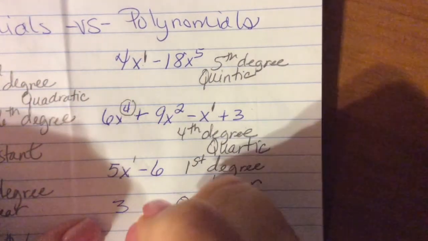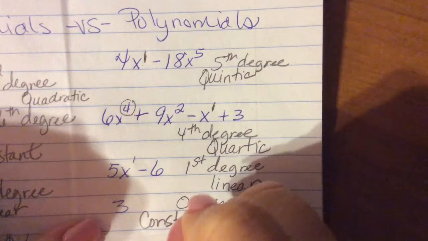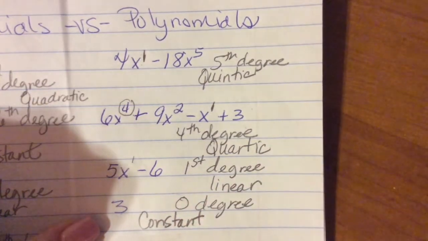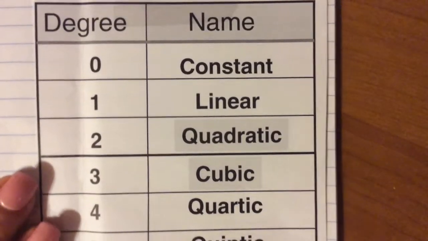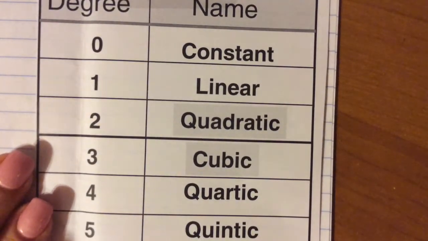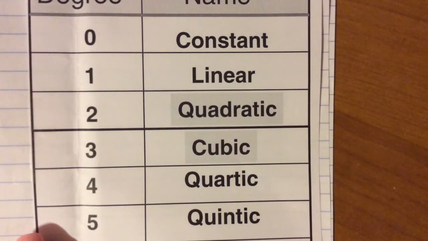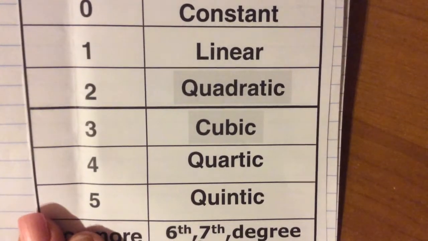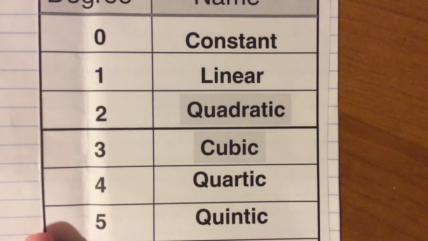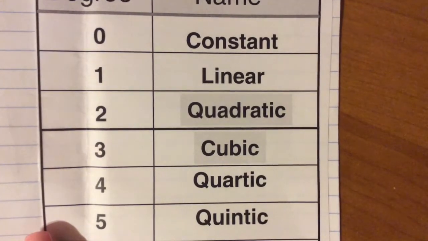So once again, no variable. That is what's called a constant. Okay. If you didn't get a chance to write these down, here they are again. Make sure you get them written down. And then remember, just for 6 or more, you just write it down to the degree.